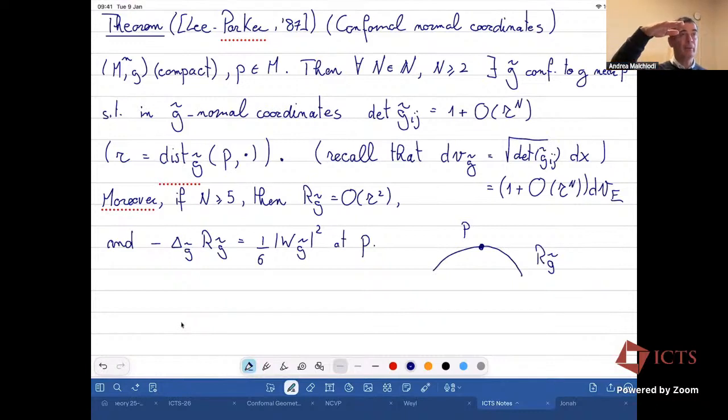It's 0, it's flat, and it bends downward. Okay, so the Laplacian is negative.